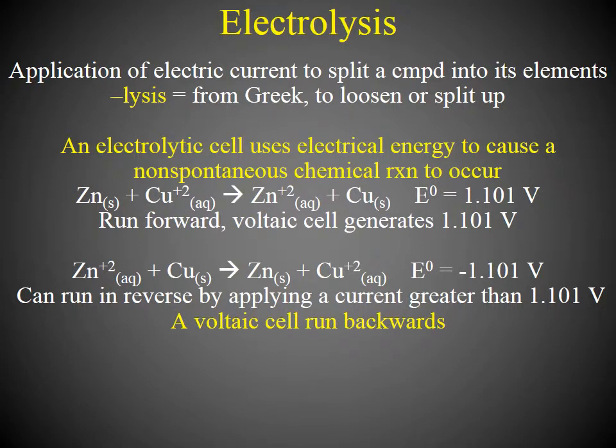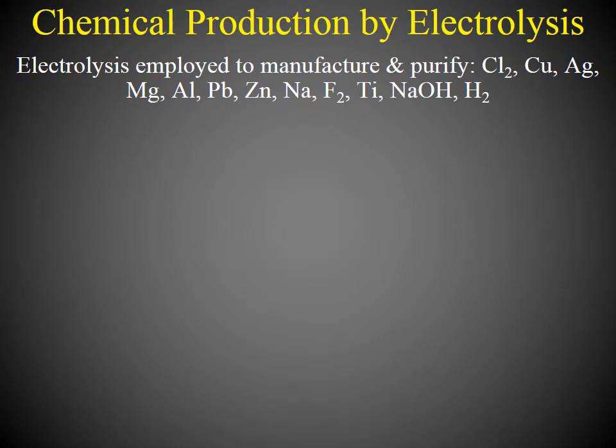And so an electrolytic cell, therefore, ultimately is really a voltaic cell, a galvanic cell, being run backwards.